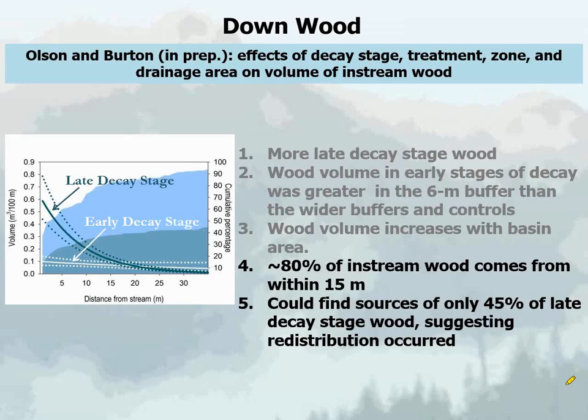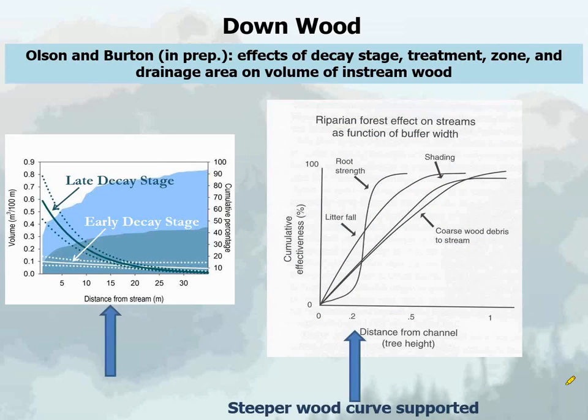That's 50 feet of the stream. 80% of the wood is within 50 feet of the stream. Yet for our late decay stage wood, we could only find the source stump of about half the wood. So about half the wood, we just didn't know where it came from. And we think that there's redistribution that happened during the first or second harvest. Things just moved around.